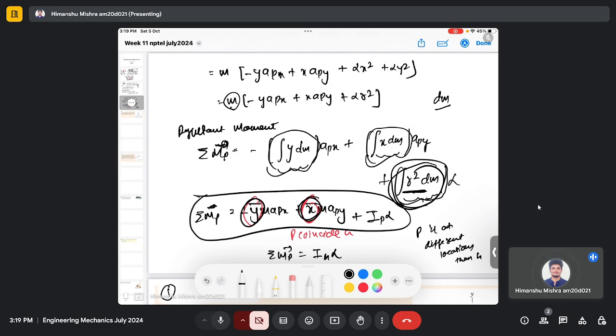But if point P is at the center of gravity, then x bar equals 0 and y bar equals 0, because point P is itself on point G, and that's why the distance between P and G is 0. Then the moment will be given only by this quantity I, which is the moment of inertia times the angular acceleration alpha.